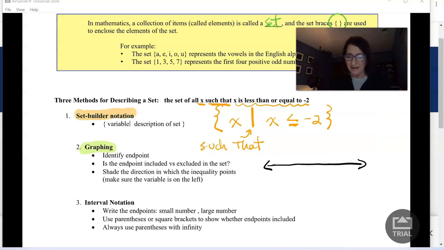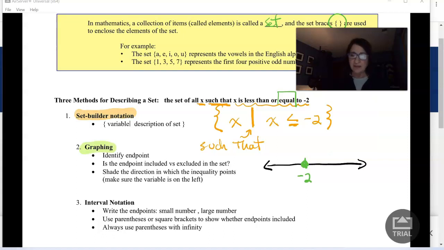So we've got -2. And because of the equal sign, or because of the word equal, that means -2 is included in our set. And so there's two things you could do. You could just use a colored in or a solid circle to represent that -2 is included.